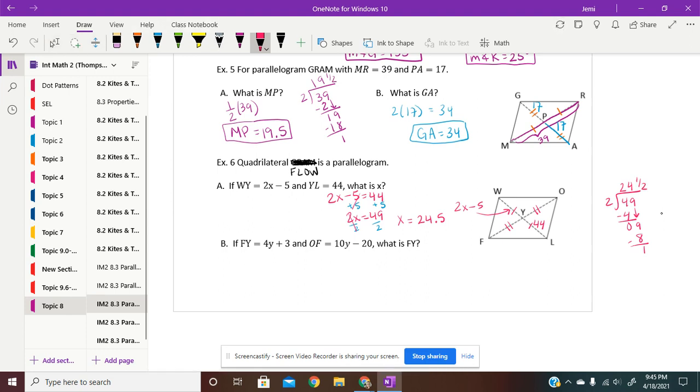Right? So I can write it as a fraction, or if I want to turn it into a decimal, I'd put a decimal place, drop a 0. 2 goes into 10 5 times. So my value for x is 24.5.